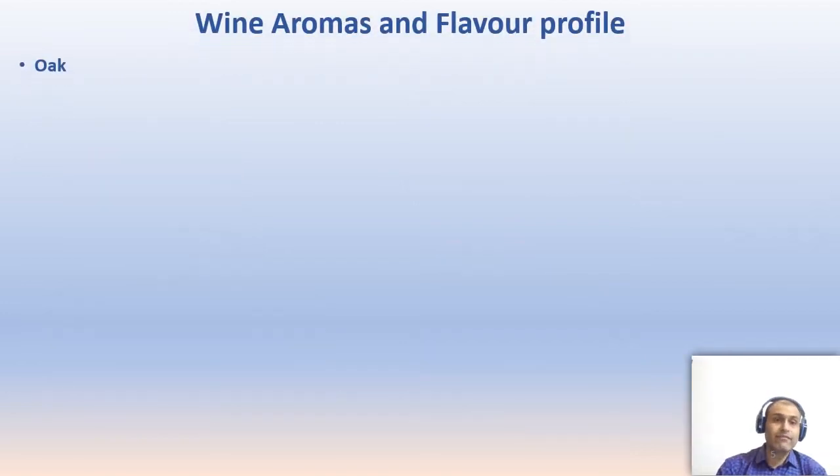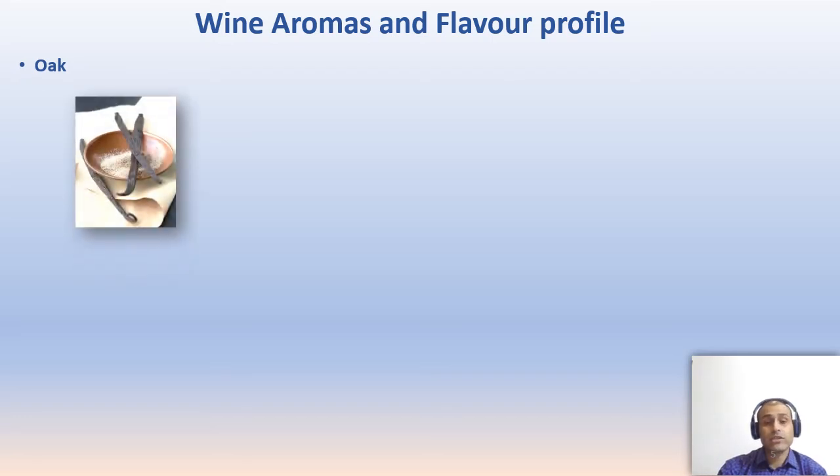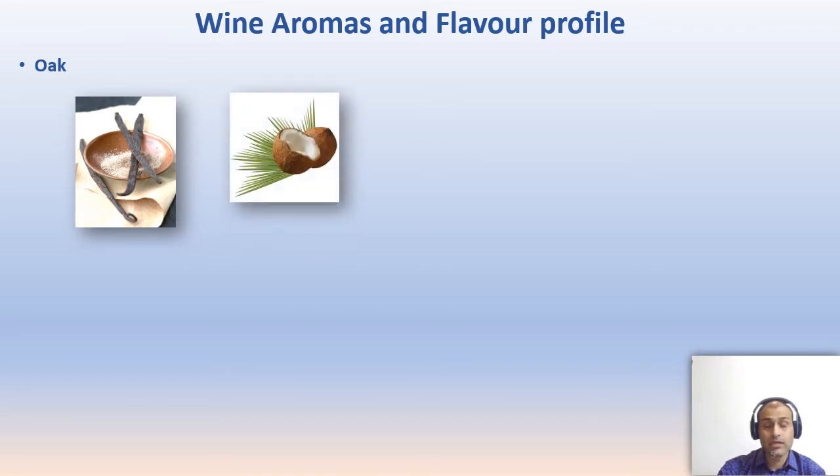Or the wine can have flavors that come from oak aging, which include vanilla, spices, coconut. If you have those kinds of flavor and aroma profile in a wine, you can deduce that it has seen some wood at least.